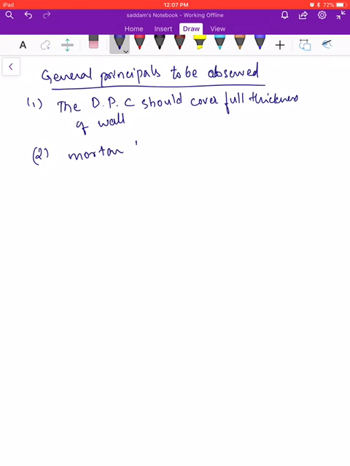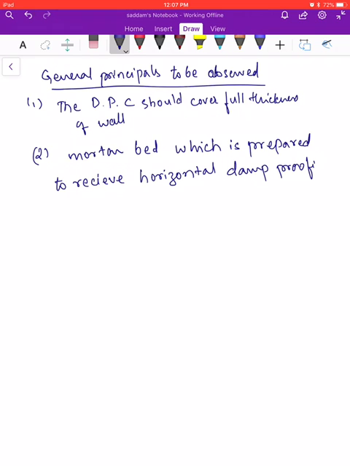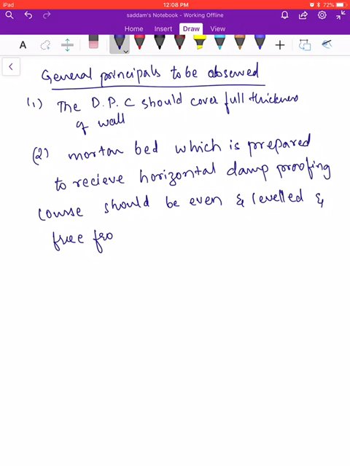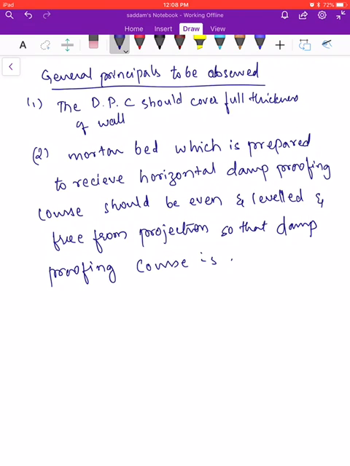The mortar bed which is prepared to receive horizontal damp proofing course should be even and leveled and free from projection, so that damp proof course is not damaged.